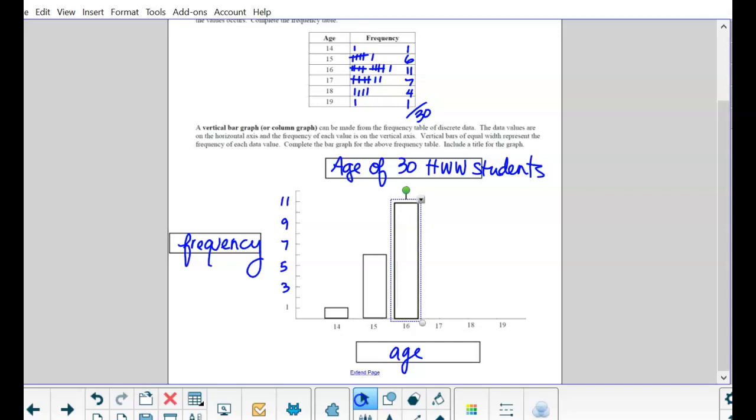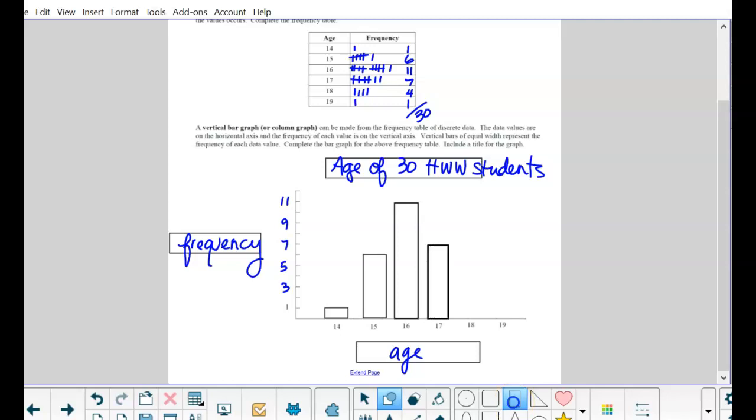And then for 17, it's 7. And 18, it's 4.